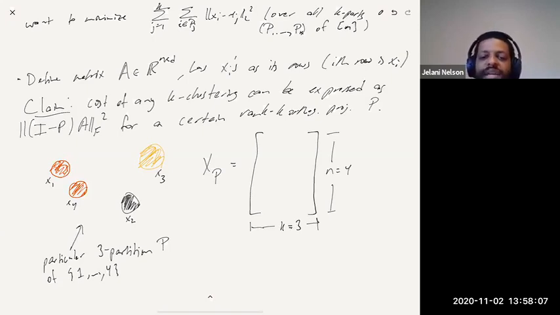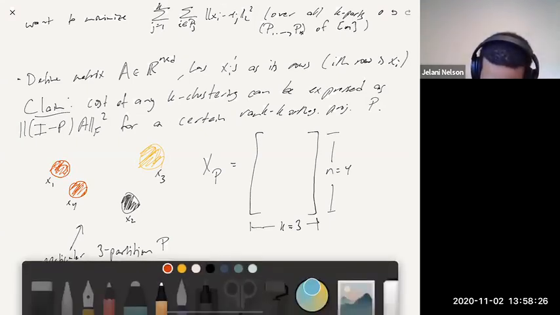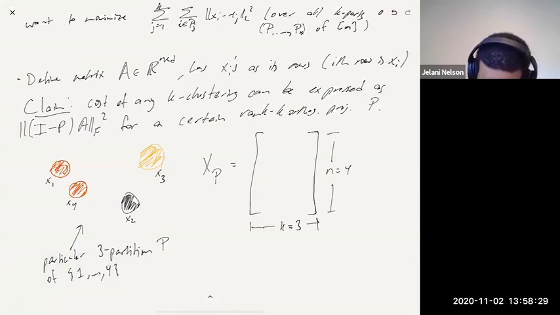So X_ij is going to be 0 if point i is not in cluster j. Otherwise, I'm going to pick it to be a certain non-zero value, and I'm going to pick it so that I'm going to get an orthogonal projection at the end. So what am I going to do specifically? Let's say that the clusters are, let's label them, red is cluster 1, black is cluster 2, and yellow is cluster 3.